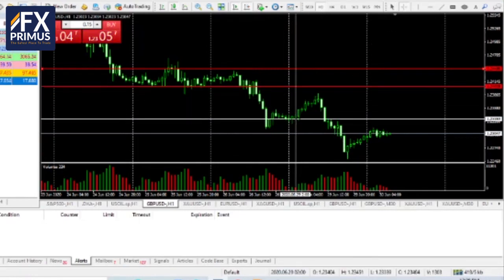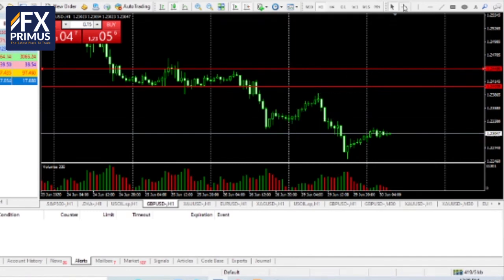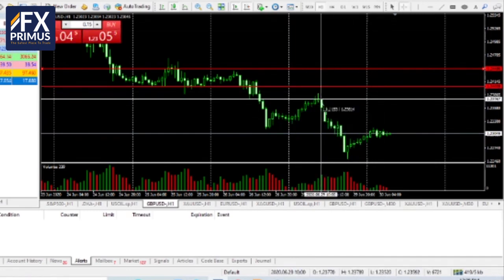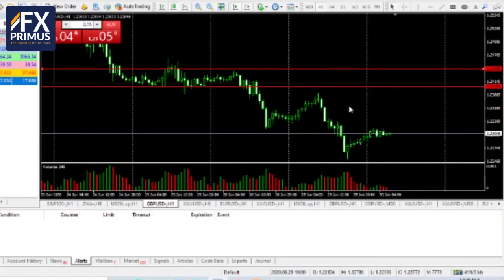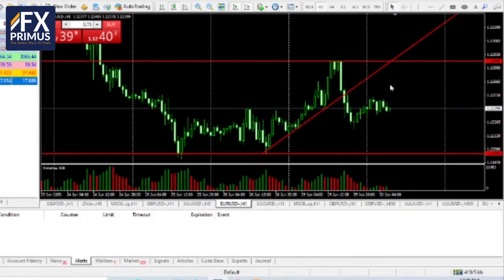So morning session up about 50 pips, and UK trading session until evening down about 125 pips. Again, if you manage to cash anything from 30 to 40 pips for the day, that would have been great, and job well done. Okay, so let's move on to the euro dollar.